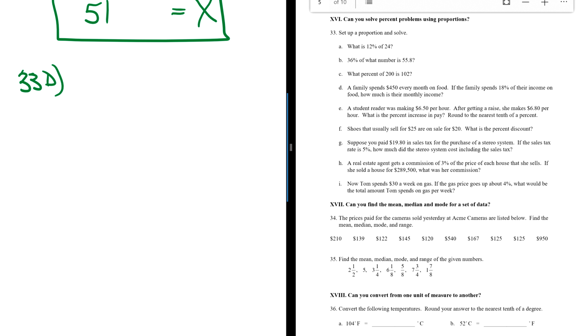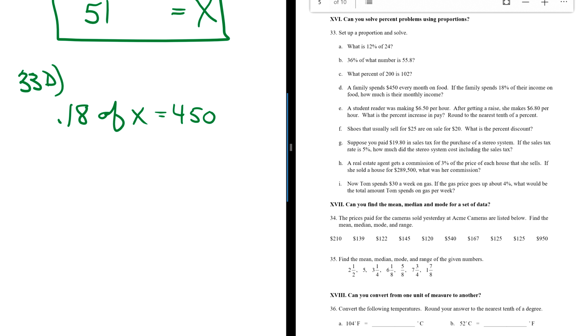So it's going to be 18%. I could write this 18%, and that's 0.18, of what? Equals 450.